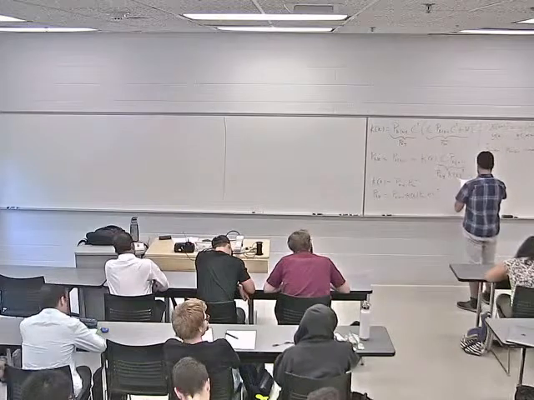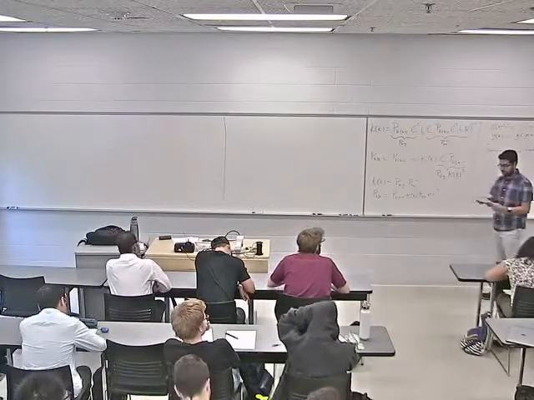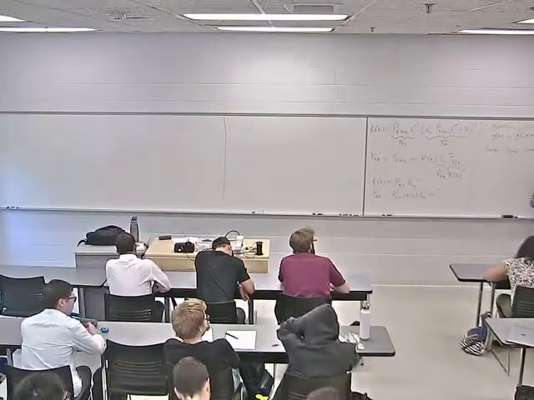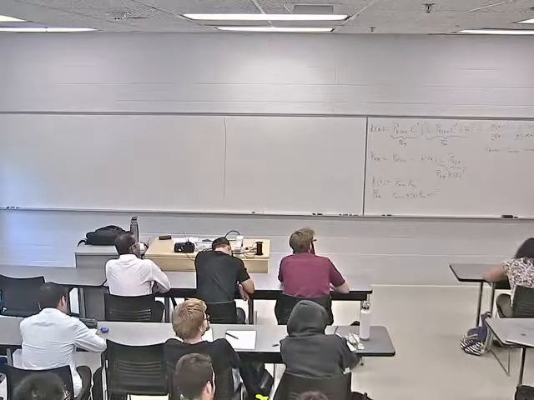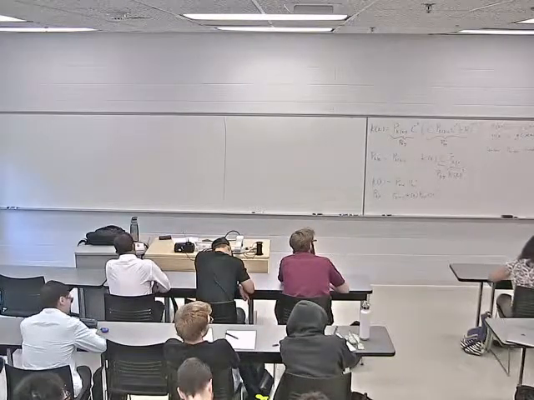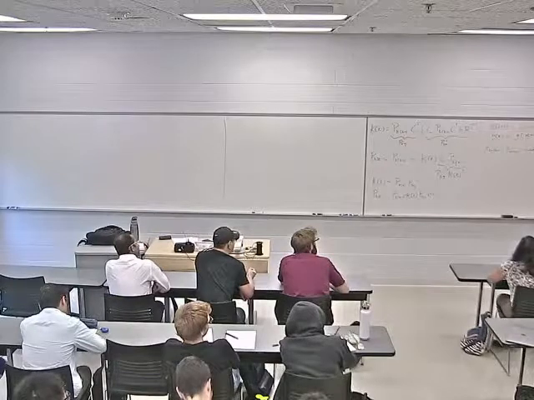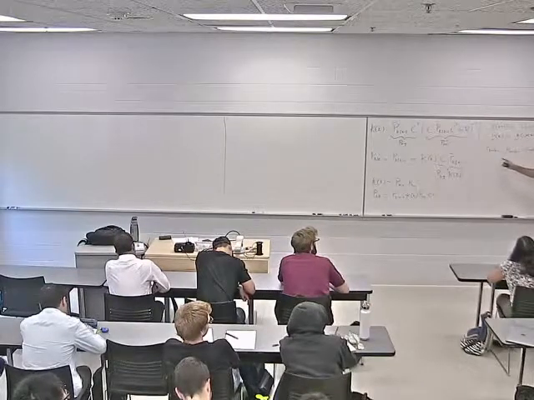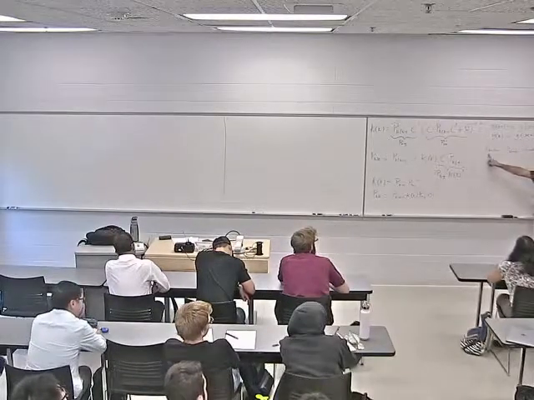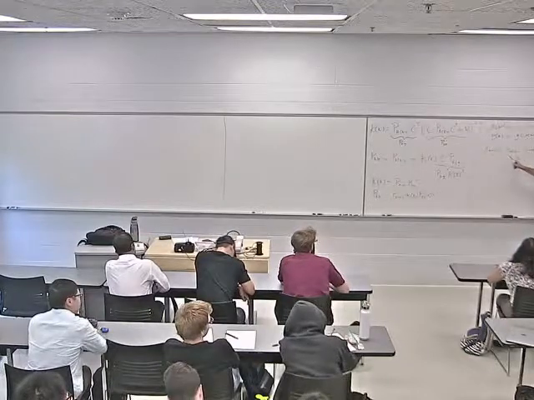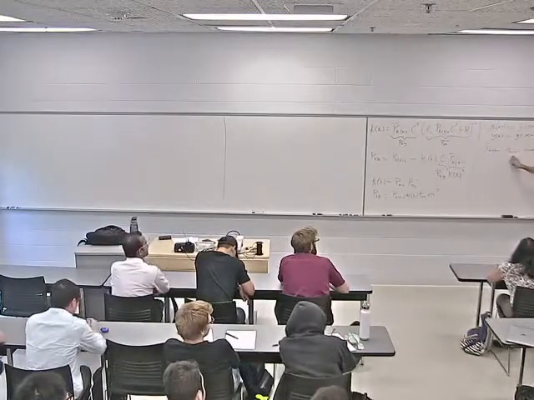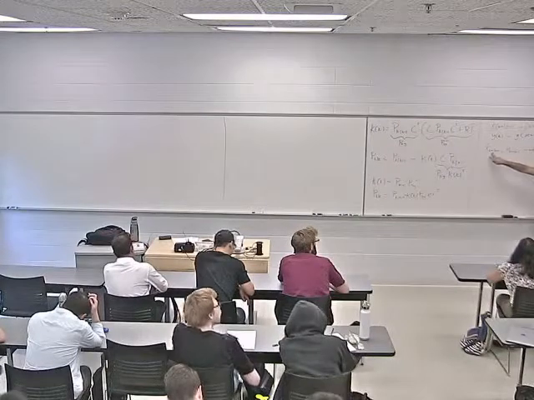So UKF creates an ensemble. That ensemble is called sigma points. So what it's going to do, it's going to find a bunch of points around your previous estimate based on your covariance, right? This covariance is saying like how is this guy distributed.